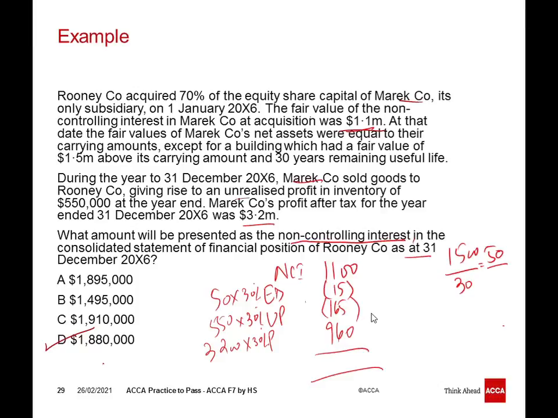So by adding these figures, we got the value of 1,880. So the answer is D. Is it clear? So you should be an expert in the calculation of NCI and retained earnings. That is a key part of the consolidated balance sheet.